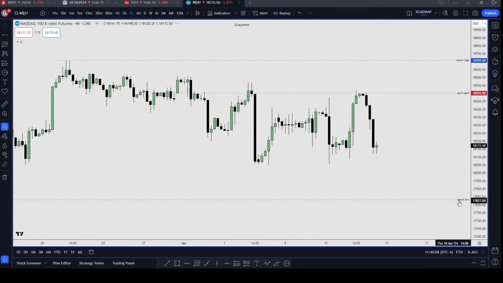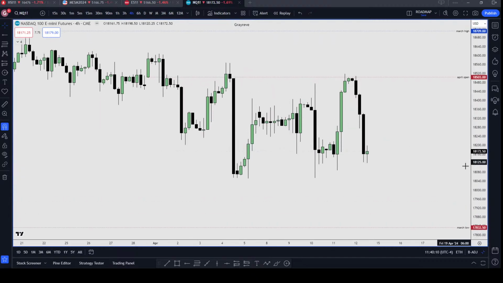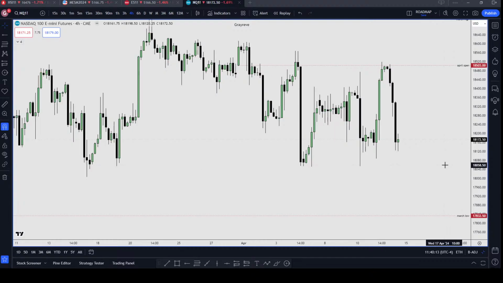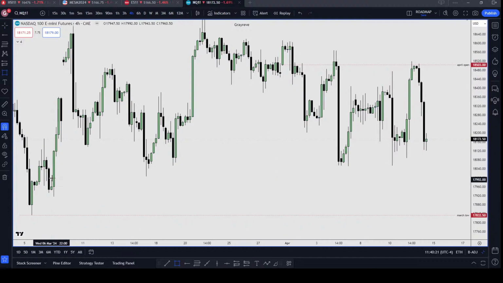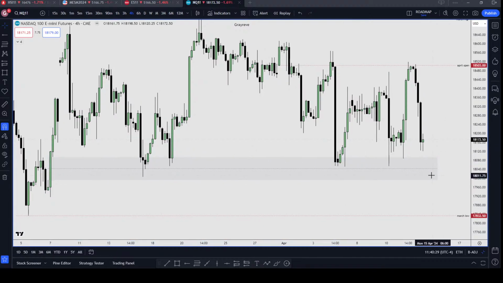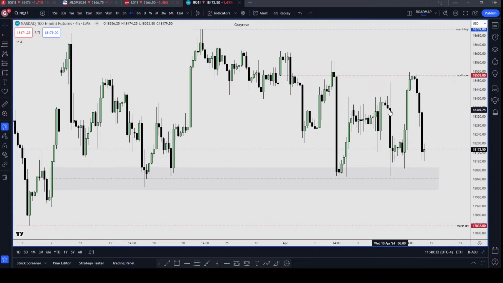So heading down into the lower time frames, 4 hours, do we have anything right here that I can utilize? So far my eyes jump to this level. Okay, this is what I see, and maybe this one, it's not too clear, but this was the last fair value gap that sent the price higher.